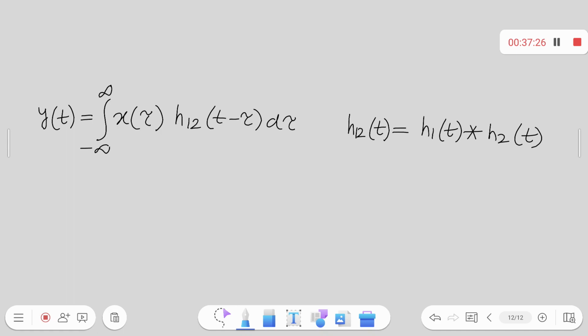So h12 of t minus tau is basically the convolution between h1 of t and h2 of t at t minus tau. Right?